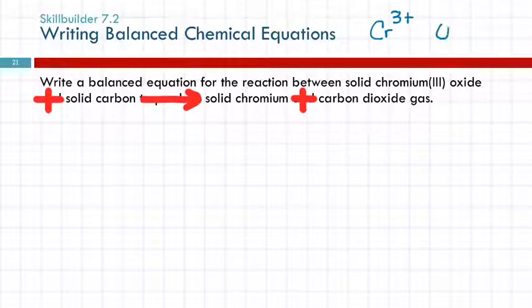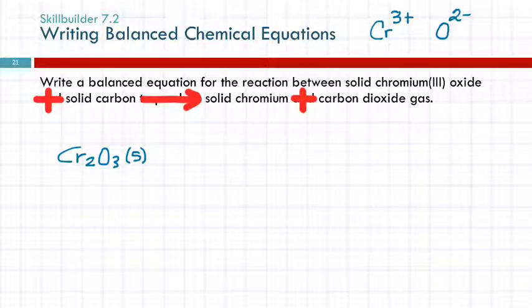Oxide is an ion formed from oxygen, and we can tell from the periodic table that the charge is 2-. When we put those two together, we can do the crisscross charge. We get Cr2O3. They're telling us that this is a solid, so in parentheses we write S for solid.